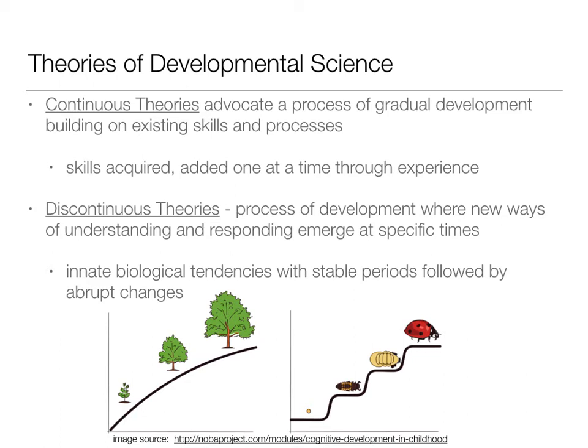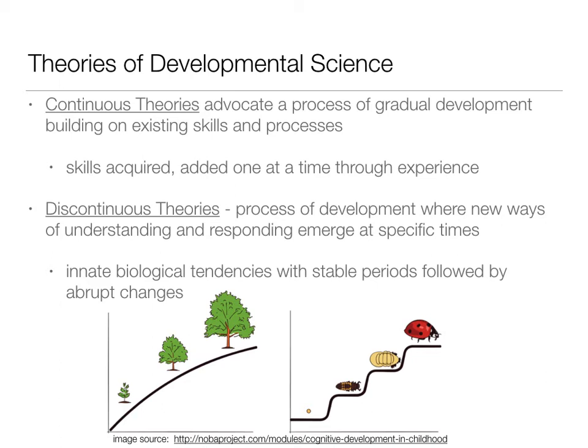We have the egg, we have the larvae, we have the pupa, we have the fully grown adult. We have all those different levels, and again, they're very discrete. You can draw a line between them. We have abrupt change, followed by another period of stability. We'll see that both kinds of theories can apply and change can happen in both ways.